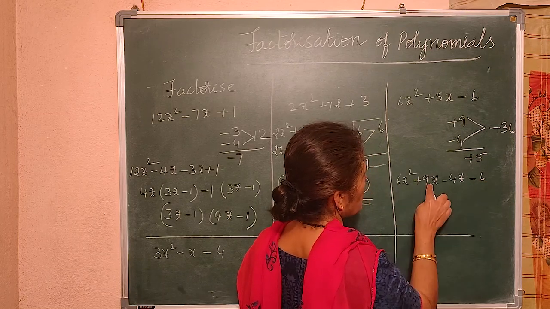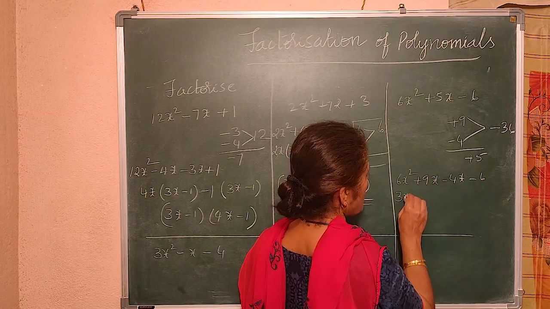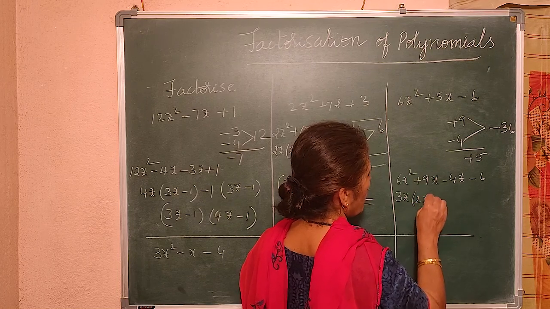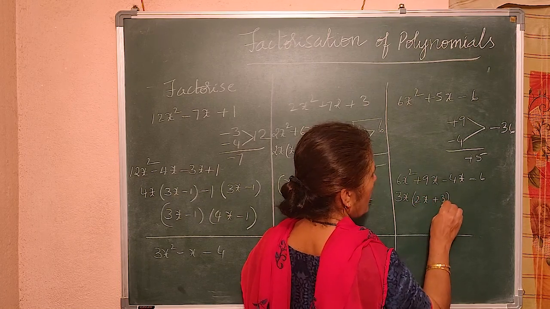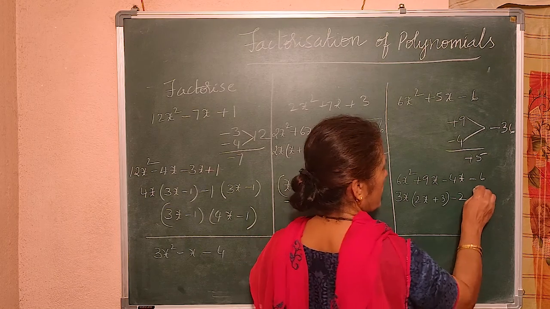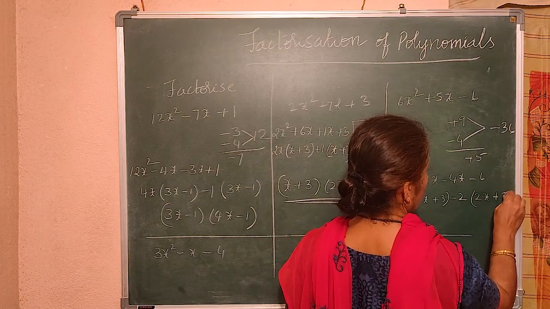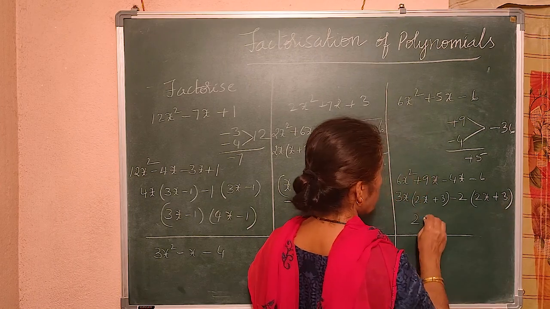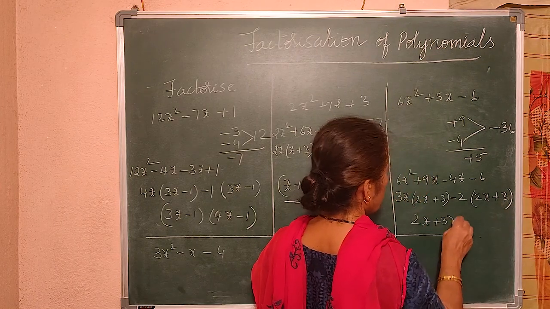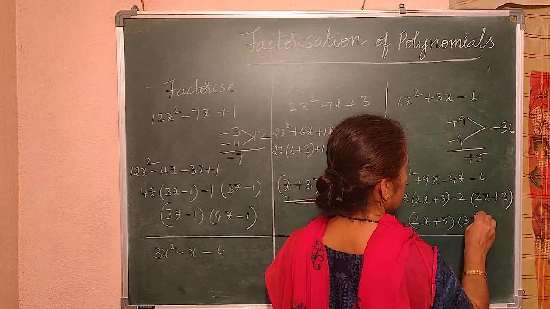In this, for 6x square and 9x, 3x is common: 2x plus 3. Minus 2 is common: 2x plus 3. So 2x plus 3 is common, 3x minus 2.